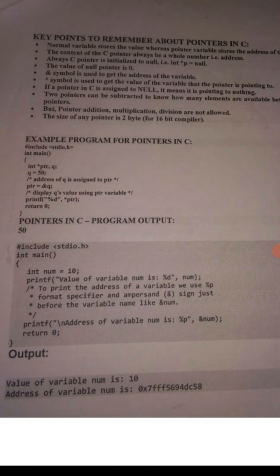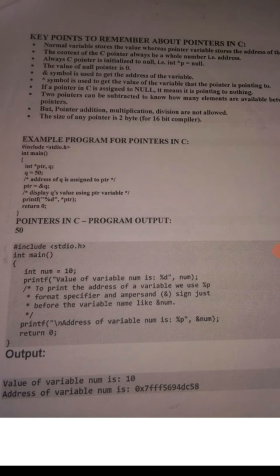Then *pointer, this is the pointer variable. Then return 0, close the curly brace. See, the output is 50, because we initialized the value of q as 50. That's why the output is 50.